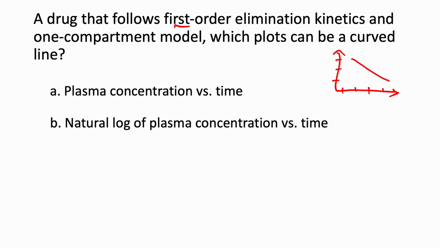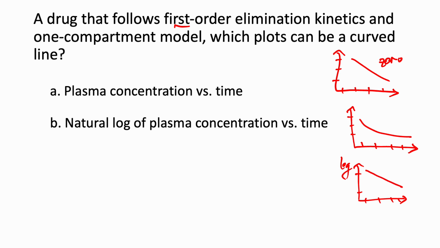If that's a straight line, this follows zero order. However, if the data you plot on rectangular coordinate is not a straight line, then you take the logarithm of the y axis. The curved line turns into a straight line. This is first order.